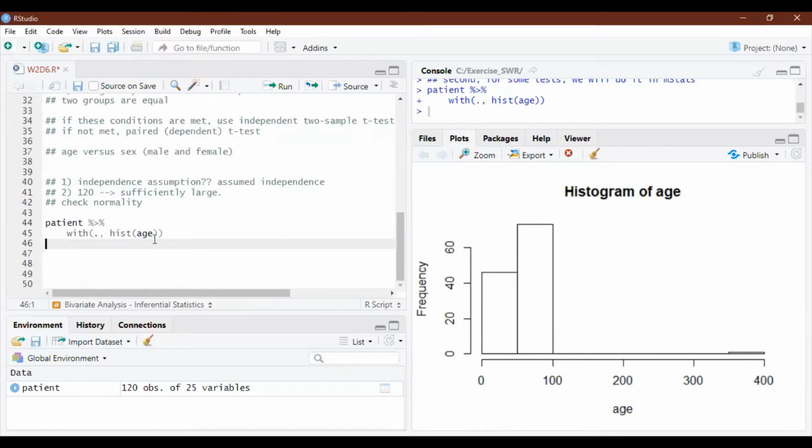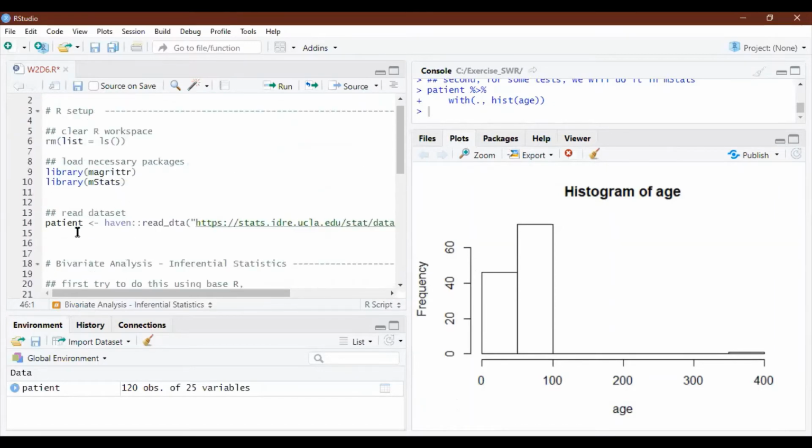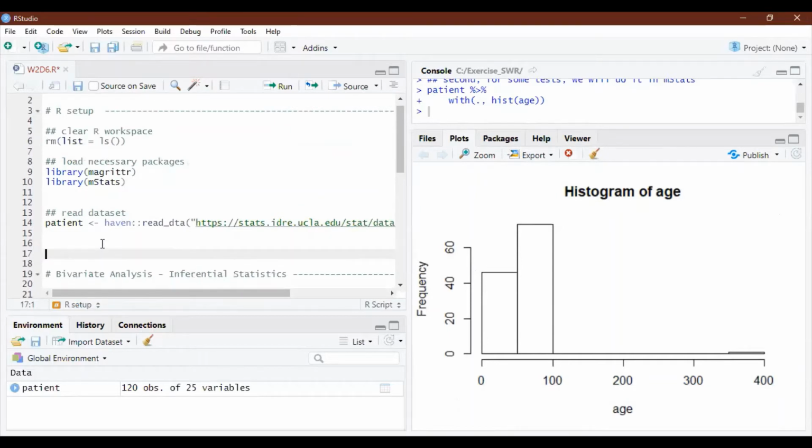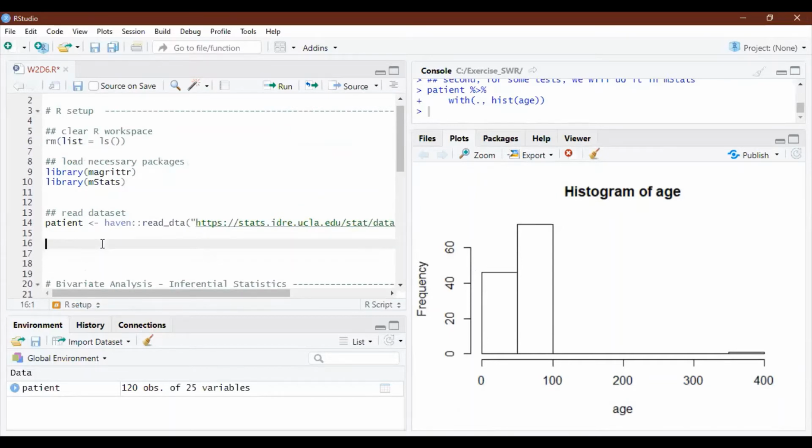Let's try to fix this up. Here we will also fix our data at the same time. Data management: we will say patient. I think we already discussed this several times, so I will just write it.